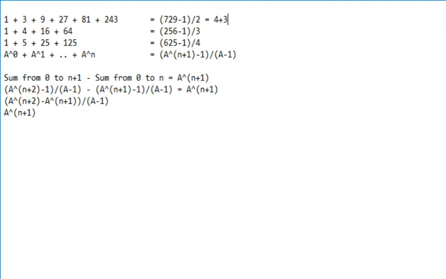That's going to be 4 plus 36 plus 108 equals 728 divided by 2. That first sum is 148? Nope. Oh, I forgot to add the 243. That would make sense. Okay, so that would be 148, 348 plus 243. And this thing, 728 divided by 2, that's 364.